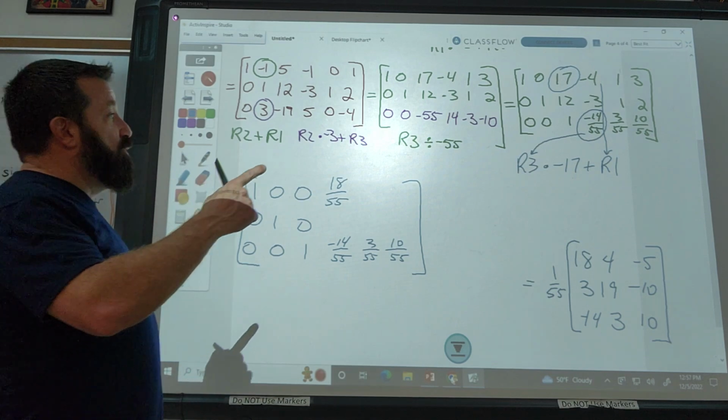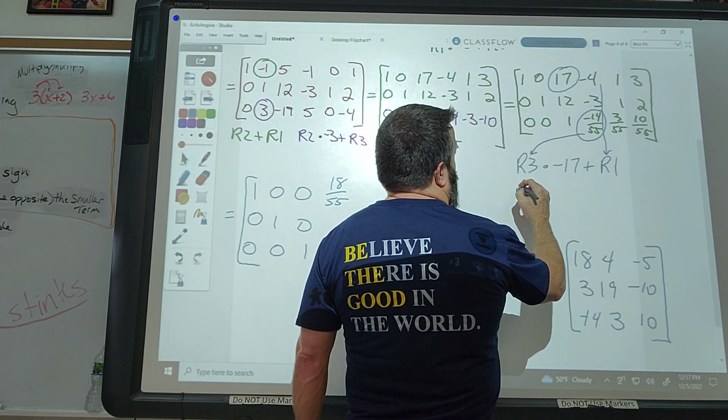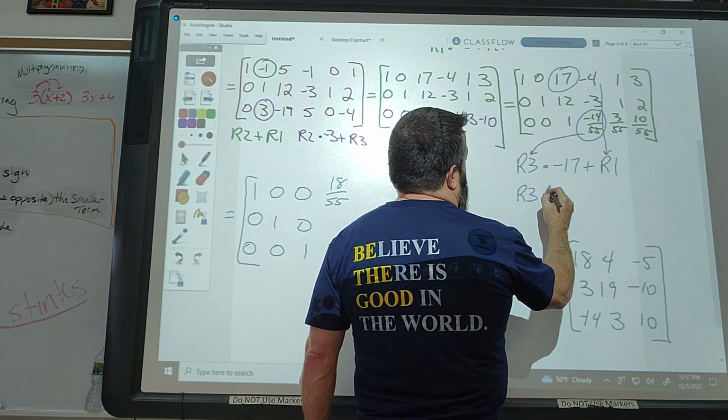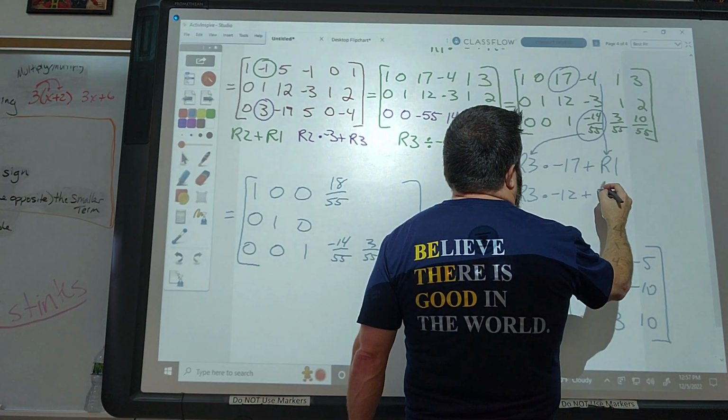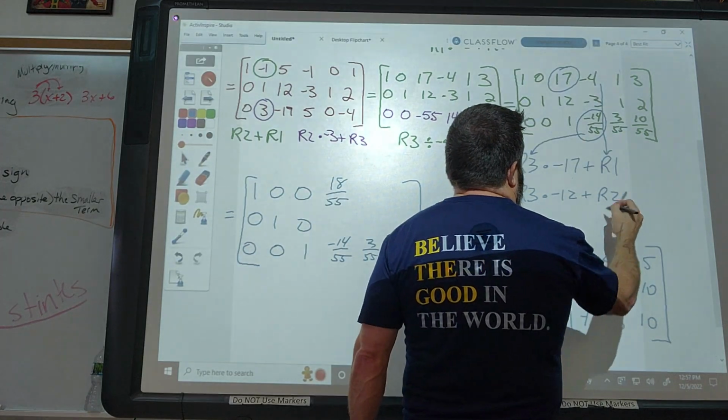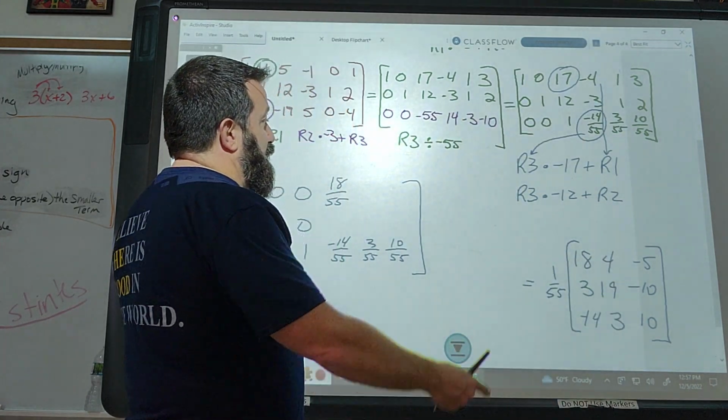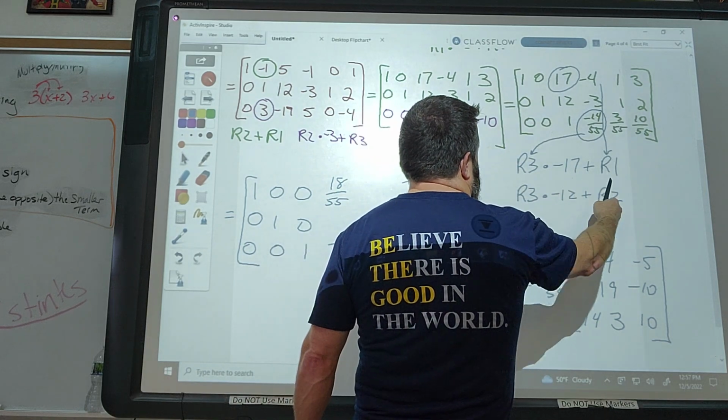Now, I'm also going to be taking row 3 times negative 12 and adding it to row 2. So you could just change these two numbers in here.